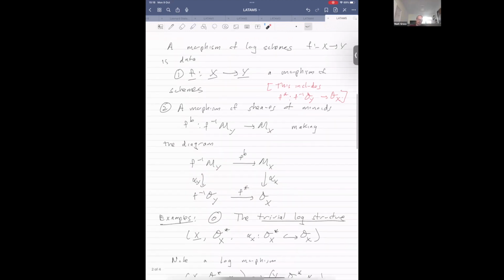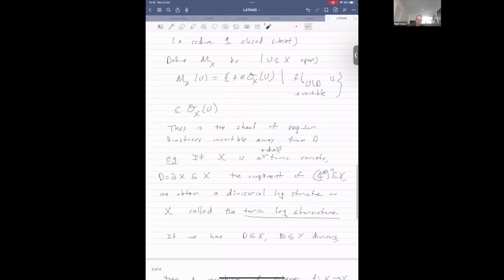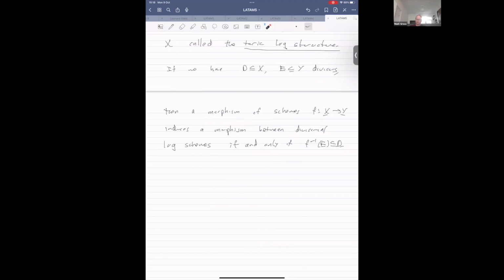In the example I just gave, these are pullbacks of functions that vanish only along E, and we need those to be functions that vanish only along D. In other words, we need functions on Y vanishing along E to pull back to functions vanishing only along D. And that's why we get this condition.